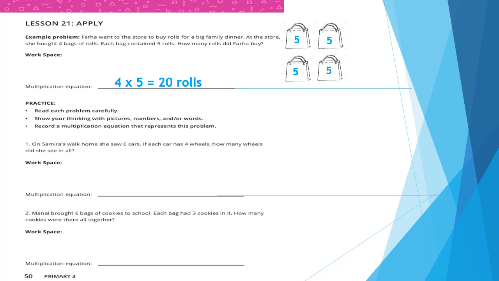Let's practice together. We will read the problem carefully and show our thinking using pictures and record a multiplication equation. The first story problem: on Samira's walk home, she saw 6 cars. If each car has 4 wheels, how many wheels did she see in all?